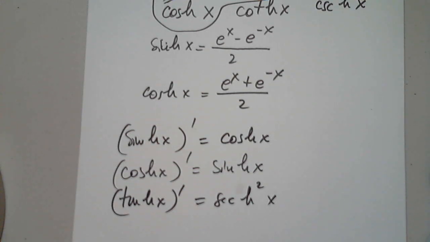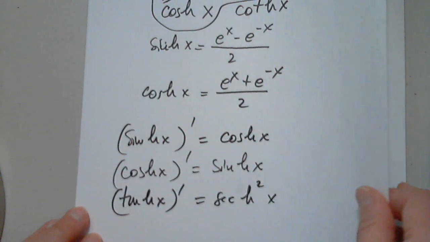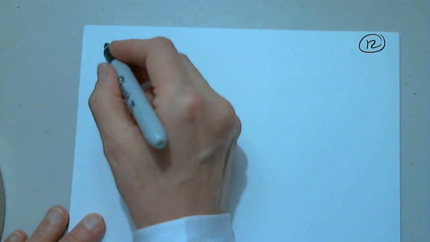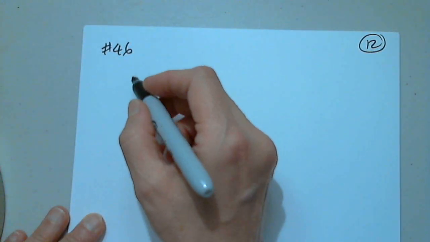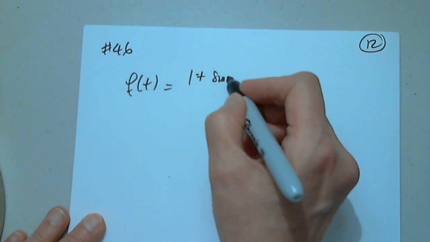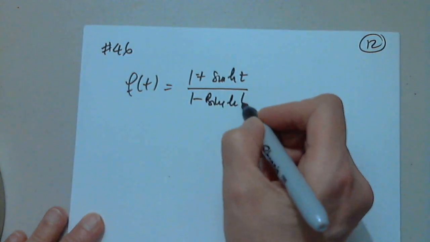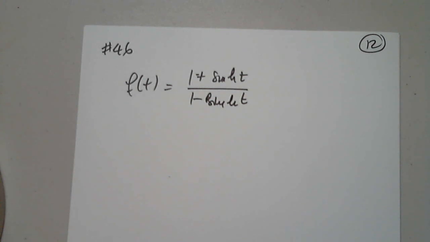So let's choose. If you don't want to choose, I will. I think 46. Let's start with 46, and I think I'm on page 12, yes. 46 is a good one. So we have f of t equals 1 plus hyperbolic sine t over 1 minus hyperbolic sine t. Perfect. Can I simplify this in any way, shape, or form?